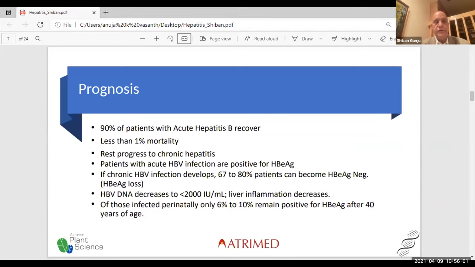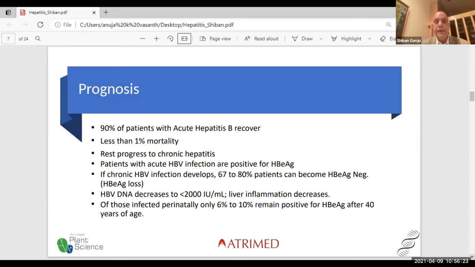If you remember the first slide, I had mentioned an E antigen. People with acute hepatitis and active hepatitis have an E antigen, which is positive. Besides surface antigen, E antigen is positive too. And gradually, many people in chronic hepatitis lose this E antigen.